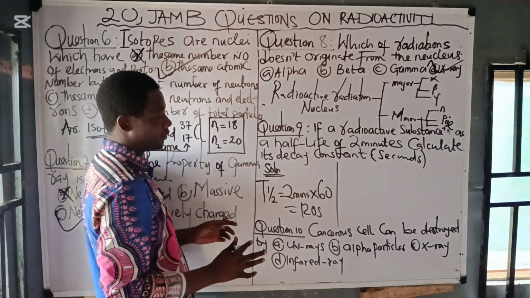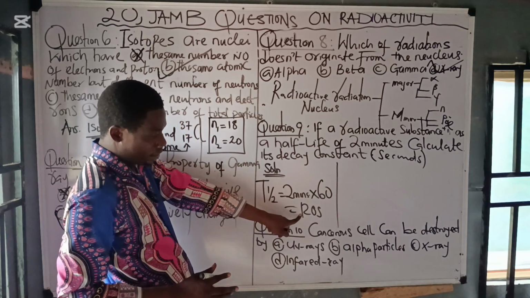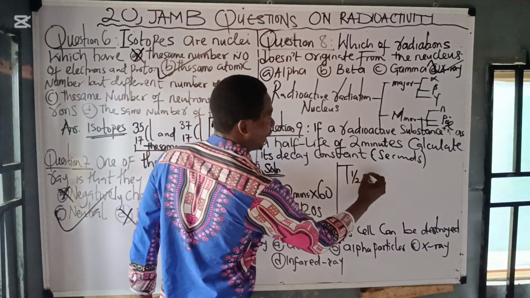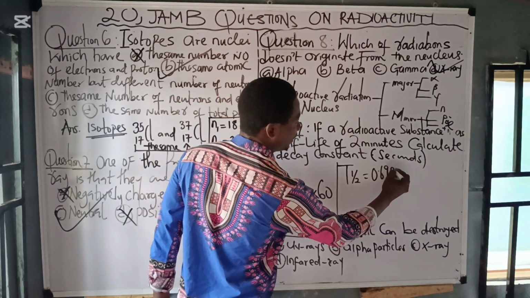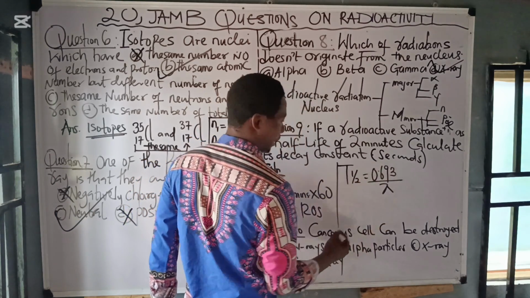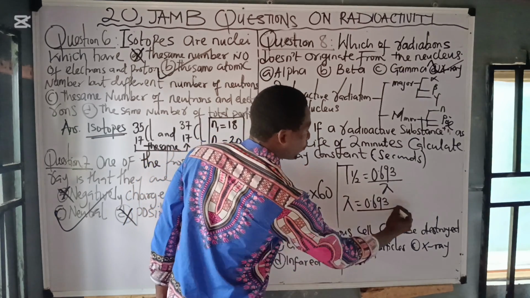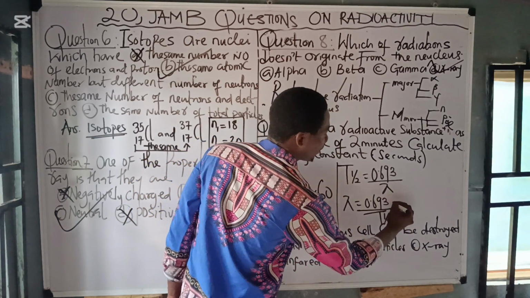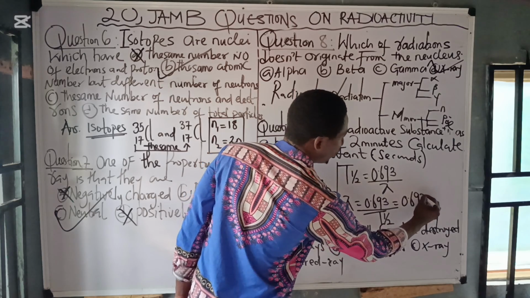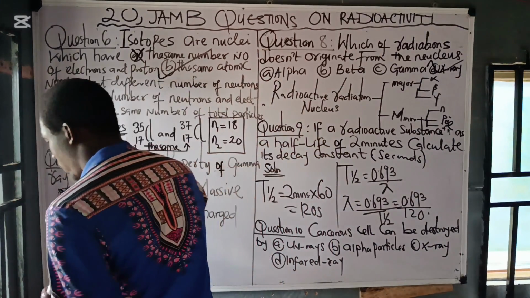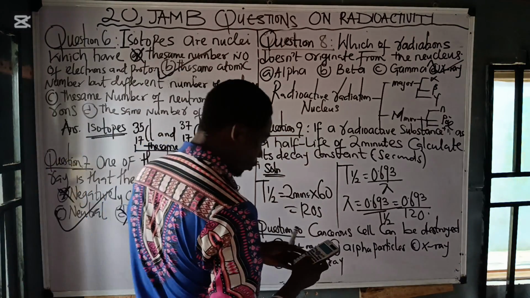Now take note of this. This time is 120 seconds. Remember that our half-life has a formula which is 0.693 over what? Decay constant. So our decay constant will be 0.693 over your half-life, which is what? 120. Let's do that quickly with a calculator.